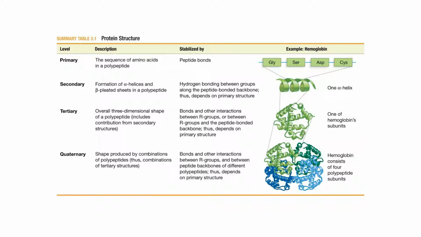Now, when you're talking about quaternary structure, the same chemical interactions that hold together proteins in their tertiary structure hold together polypeptides in their quaternary structure. Individual subunits are held together through hydrogen bonds, covalent bonds, ionic bonds, hydrophilic and hydrophobic interactions, and van der Waals forces.